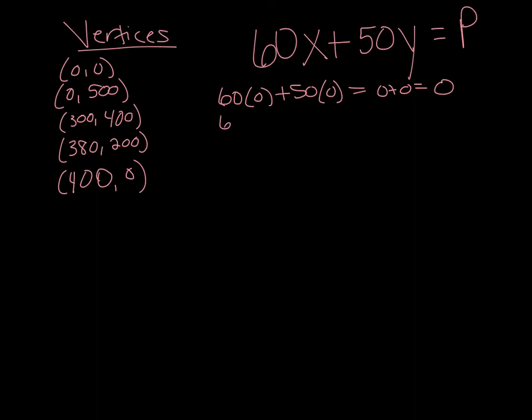If we test 0, 500, so if we purely make bikes at the second plant, we don't make any at the first plant, we're going to come out with a profit of $25,000.